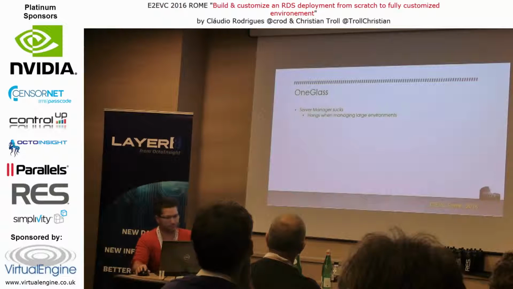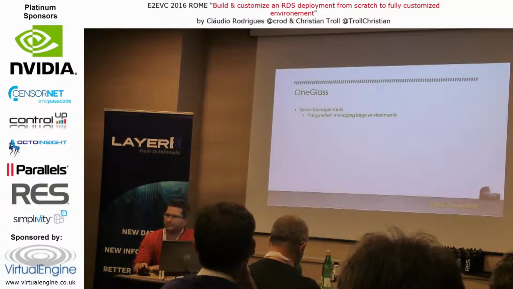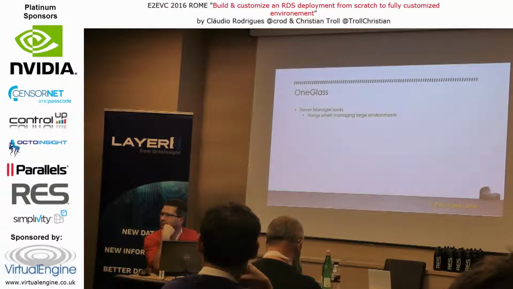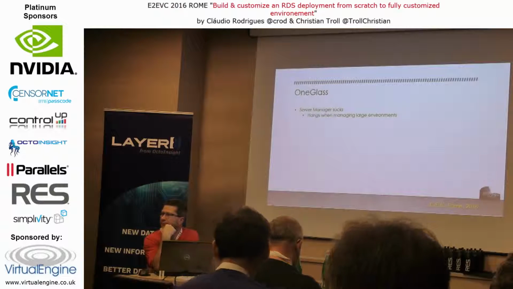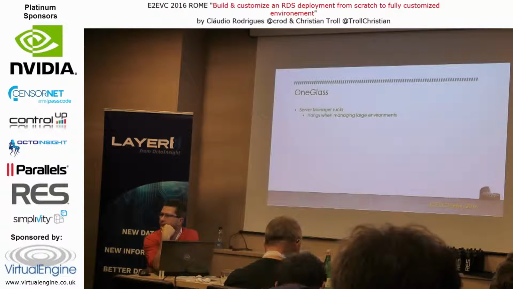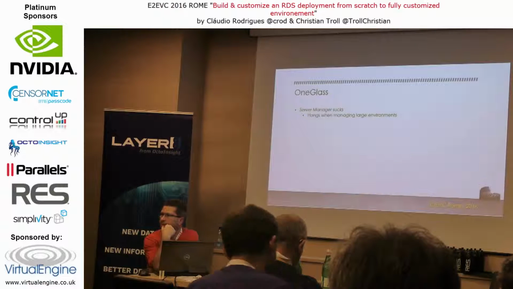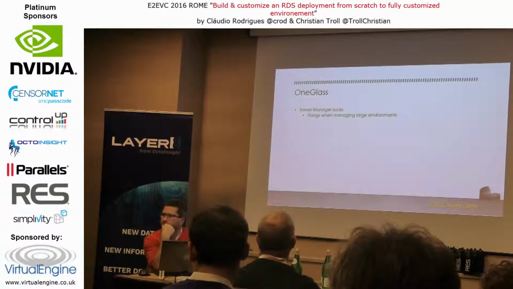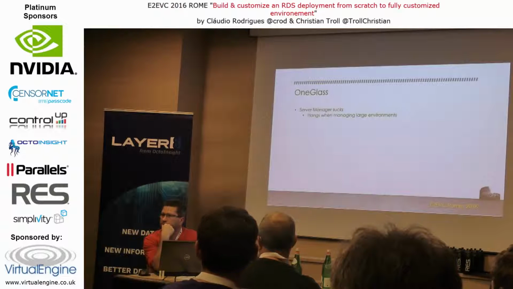Okay. Then we have, on the management side, as I said, server manager, I wouldn't say it's fine even for small environments. I find it extremely slow and annoying to work with the server manager on RDS. And there is stuff that is not even there. Like, as I said, if I enable UPD, well, I can see it's enabled and I can see the share where the UPD is through server manager.